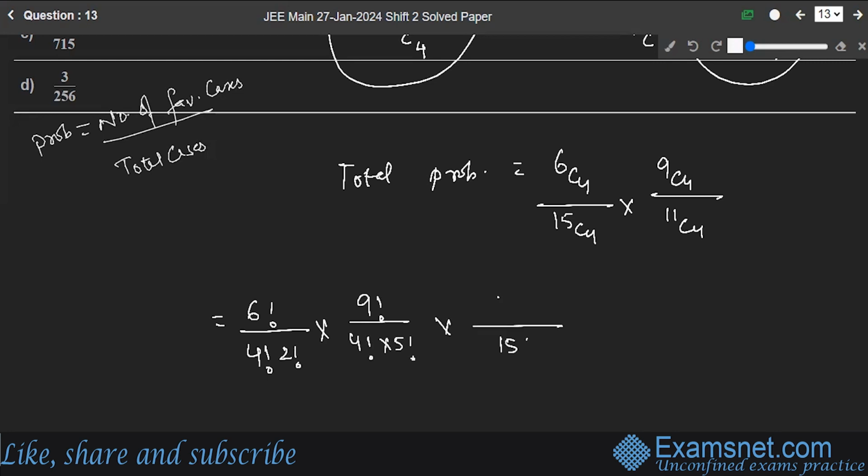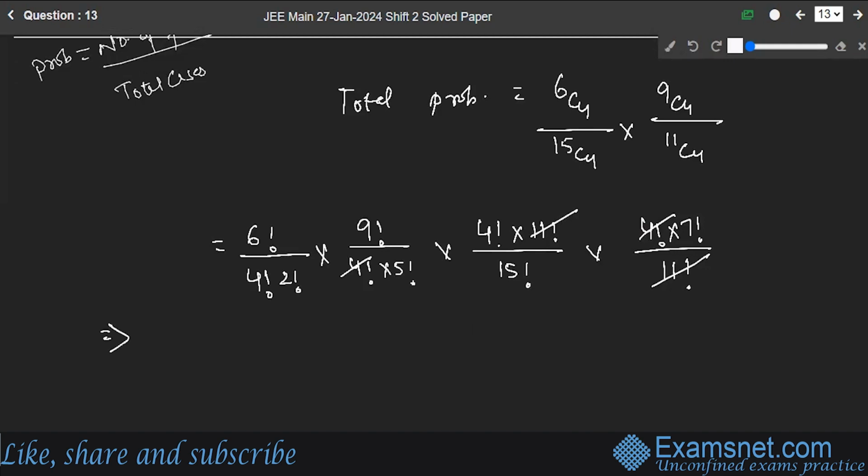Here will be 15 factorial, 4 factorial, 11 factorial. Here will be 11 factorial, and 4 and 7 factorial. This will cancel. This will cancel. And what else will cancel? Nothing as such. Okay, let's write it then.